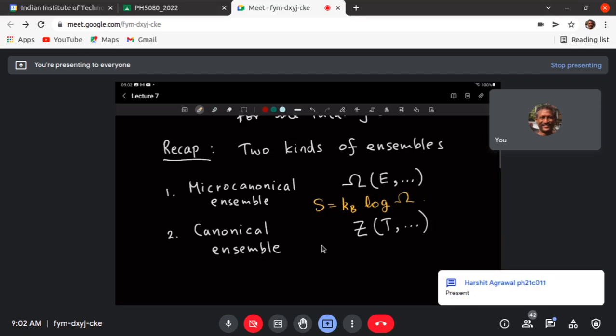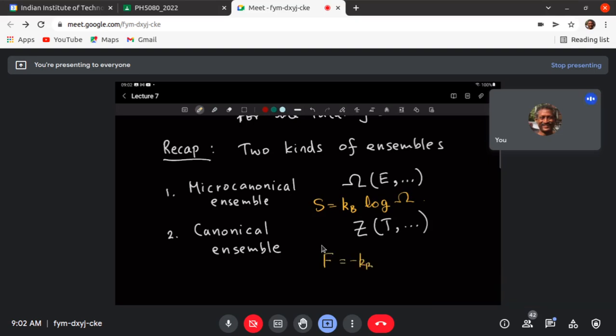We will see that there will be something called the Helmholtz free energy, which will be minus kBT log of Z. Okay, so this is another thermodynamic quantity. We will prove this. This is the Helmholtz free energy in thermodynamics. So we will have something to connect.